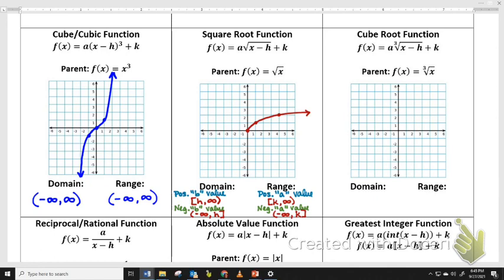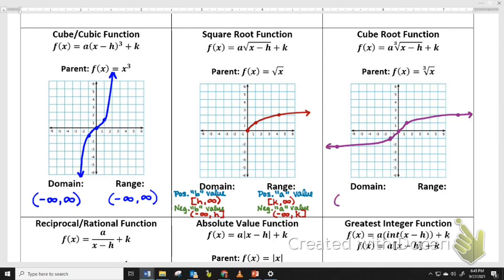My cube roots, an input value of -8 is going to have an output of -2. An input value of -1 is going to have an output of -1, and then 0, 0, and 1, 1, and 8, 2. So it's going to look like my cubic function, but flipped on its side here.